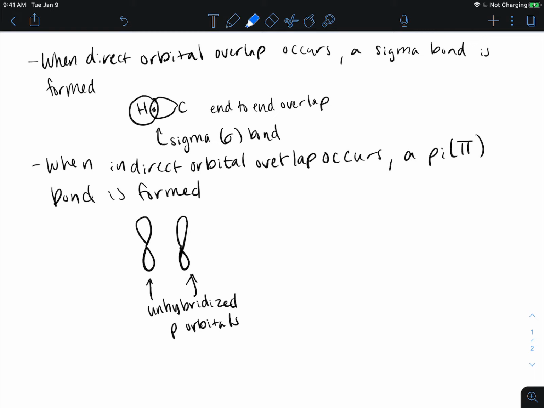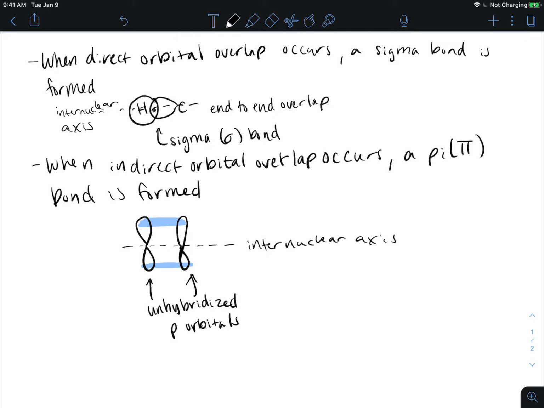So what happens is we share electron density above and below our internuclear axis. With a sigma bond, we are along the internuclear axis. Okay, so those are the two types of bonds we can form through orbital overlap, either direct, getting our sigma bond, or indirect, getting our pi bonds.